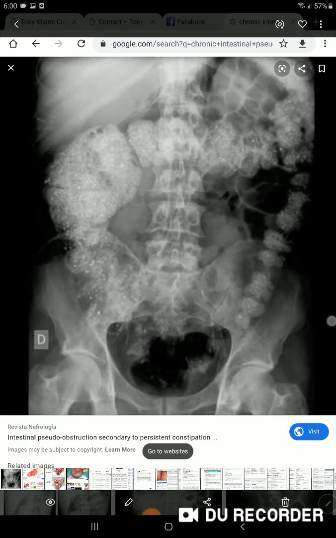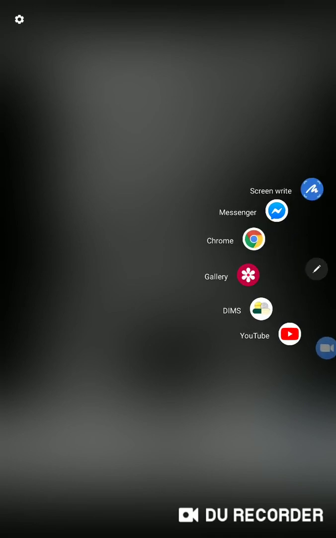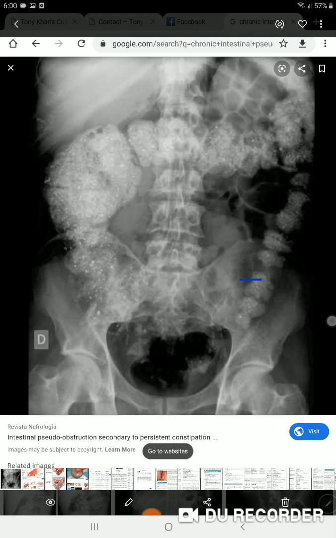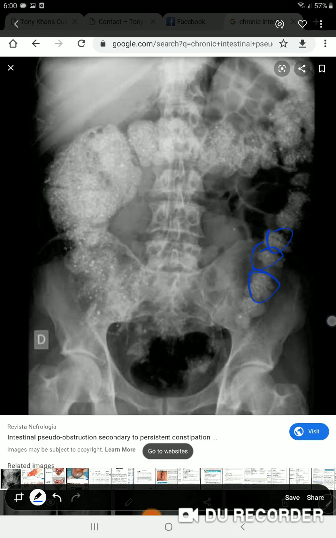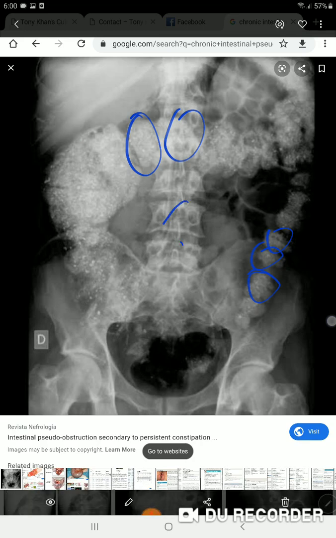It is nothing but dilated loops of bowel. You guys see here, there is a dilated loop of bowel here, and also this. So when the bowel does not work properly, it will distend, and you find this distension in the X-ray.